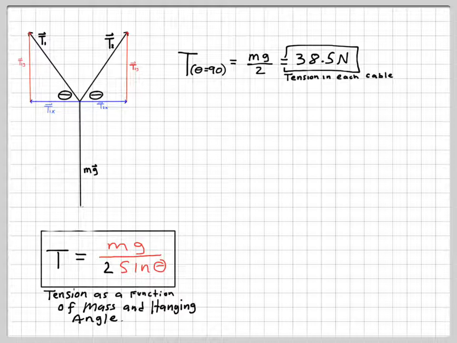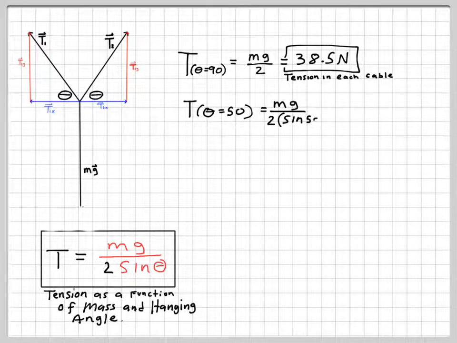Now what's the tension when the cable hangs at a 50-degree angle? So it's spread out a bit. So I'm just going to write down tension in the cable when theta equals 50 degrees. So now it's mg over 2 sine 50.